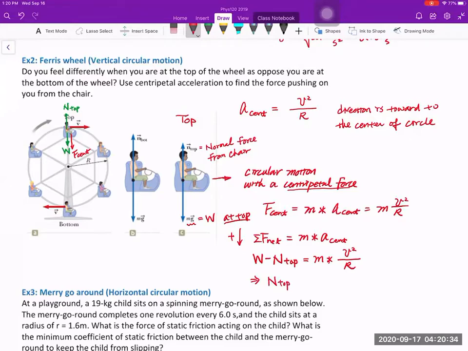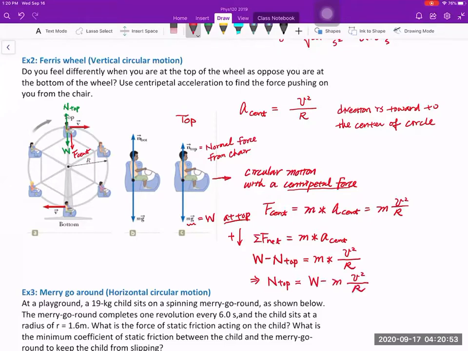Again, this is how you feel when you sit on the chair. How you feel is the normal force coming from the chair. That equals W minus m V squared over R.